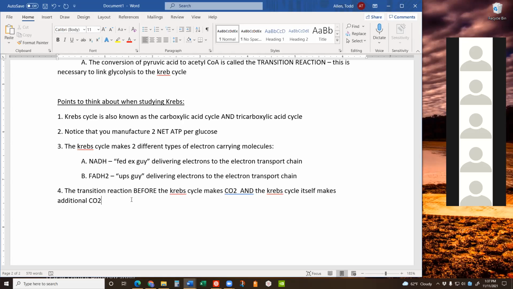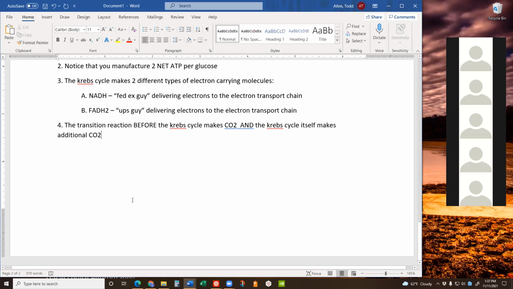The electron transport chain. Okay, the electron transport chain is described to you in figure 514 of your textbook, and other aspects of electron transport and the production of ATP are described in figure 516.